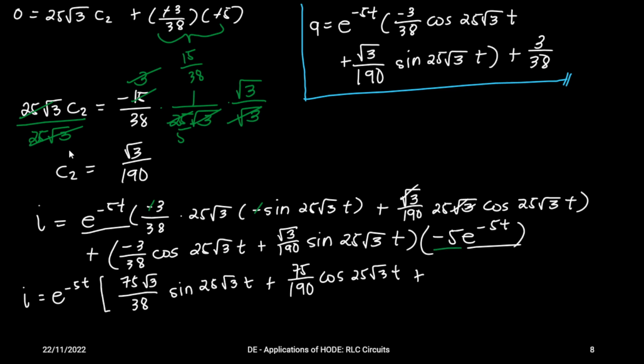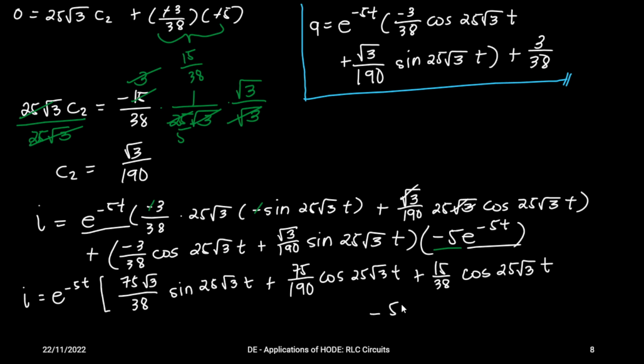on both terms. Okay, so we have negative 3 times negative 5, that is positive 15 over 38. We have cosine 25 square root of 3t plus, or rather minus, kasi we have positive times negative, that is negative.